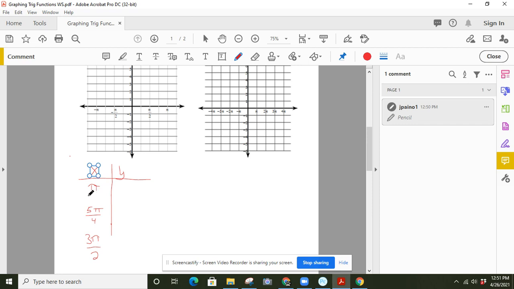And then halfway between pi and 5 pi fourths will be 9 pi eighths. And then 11 pi eighths.